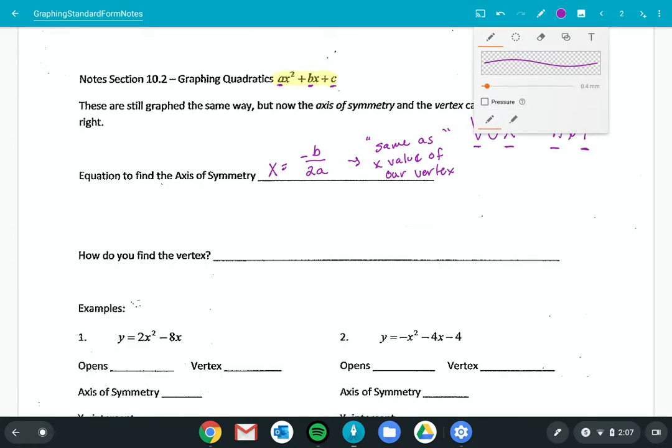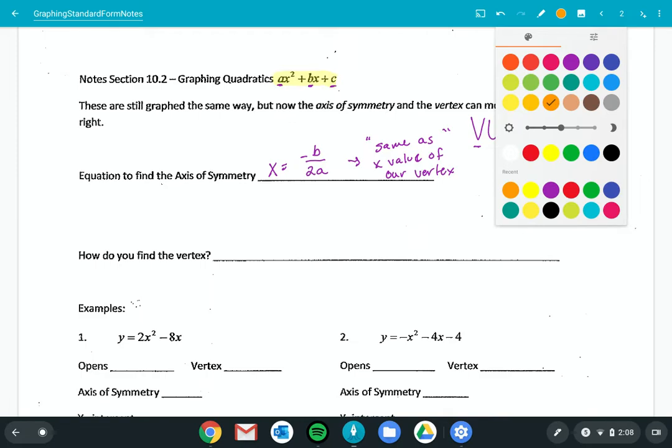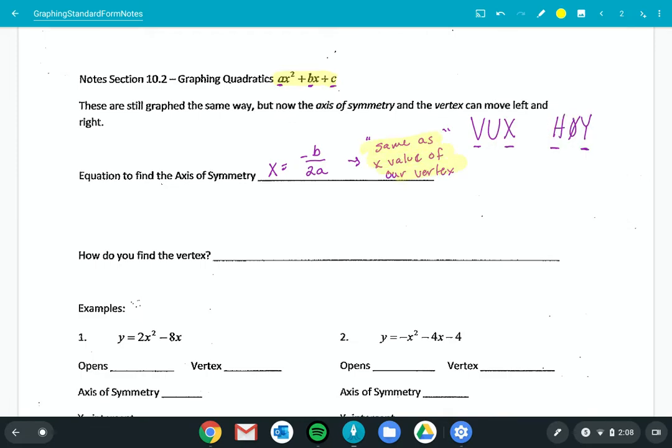So really, when you find the vertex on your graph, you also know the axis of symmetry, which is a really nice thing. It's a good little note to make. And like I said, what value in particular did I say that we're talking about? The x. It's the same as the x value of our vertex.